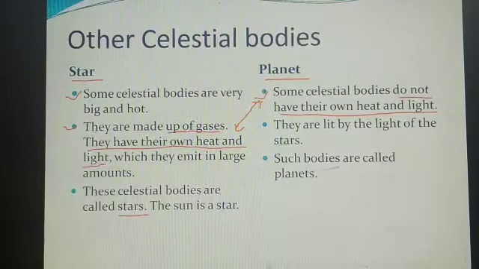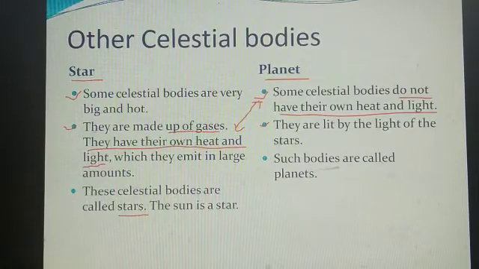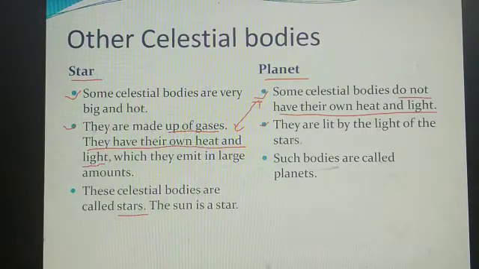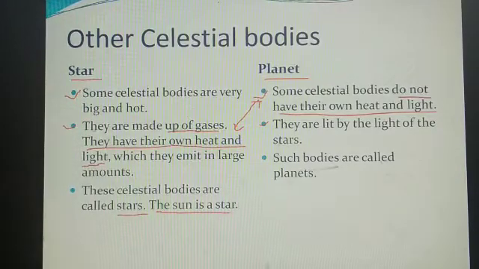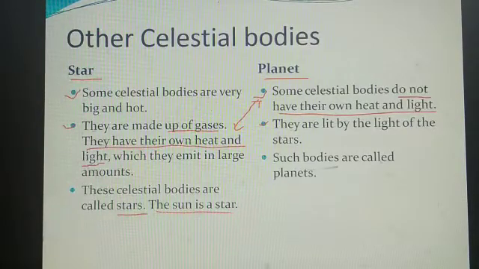The second point of the planet: they are lit by the light of the star. That means they get light from the star. Our planet, that is Earth, is also getting light from the what? Sun, and the sun is also a what? Star, that is given here. The sun is also a star, so our planet is getting light from one of the stars, that is the sun.